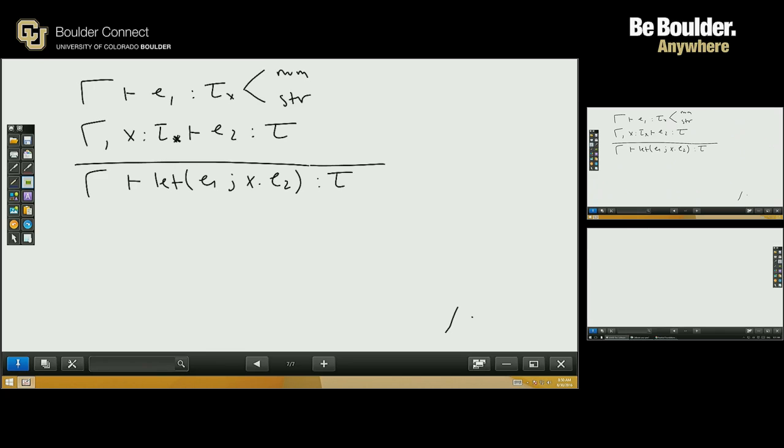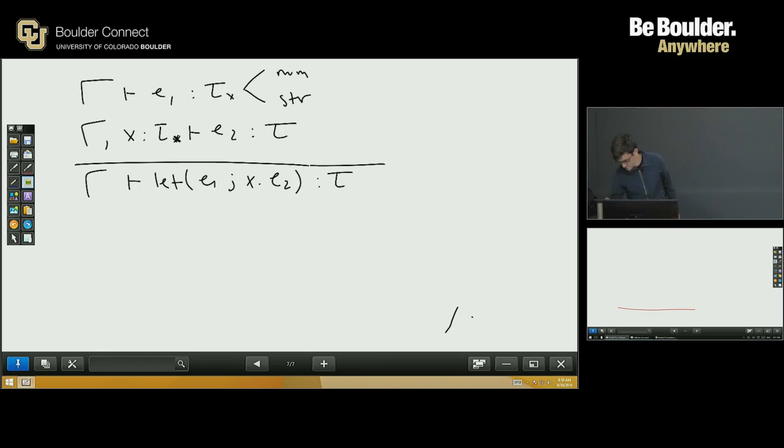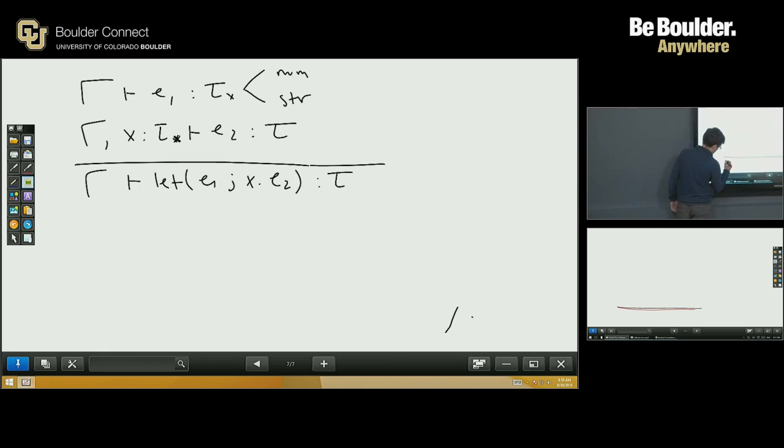Okay, so let's say, I'll write it down here. Let's make it black. Let's say that under the empty context, I'm trying to type a program that says let 1 plus 2x dot length.